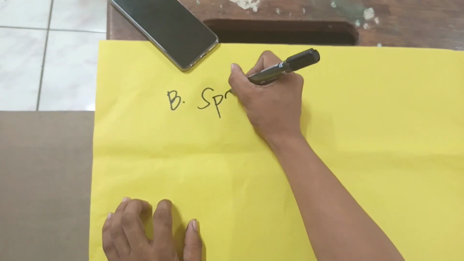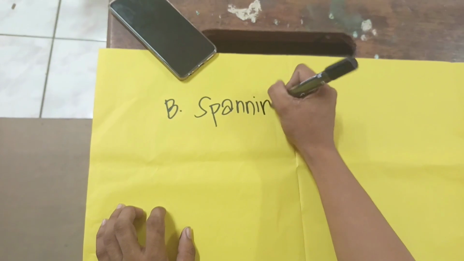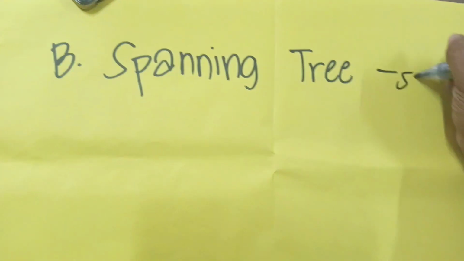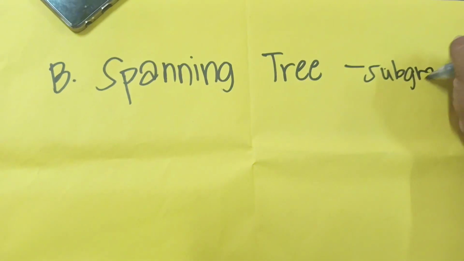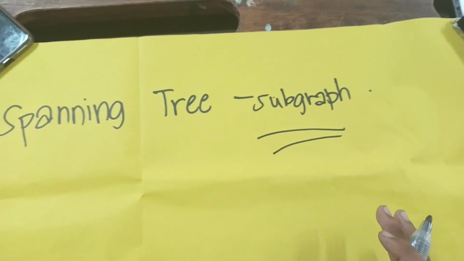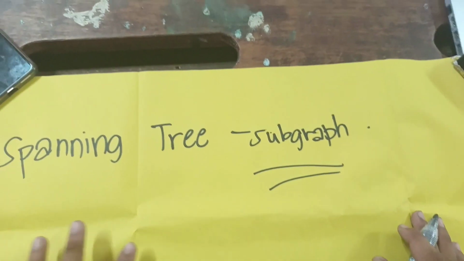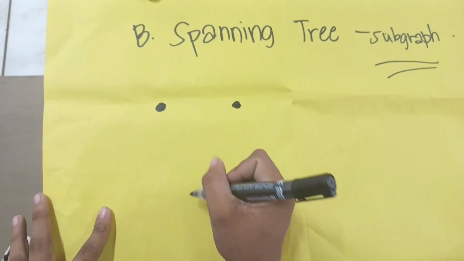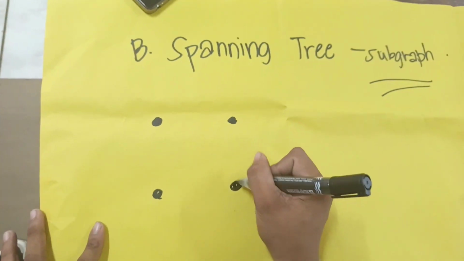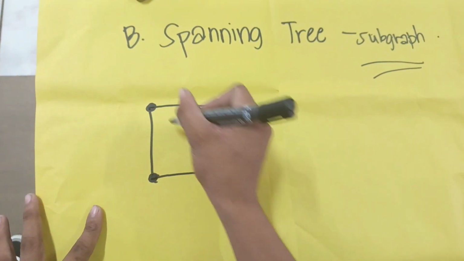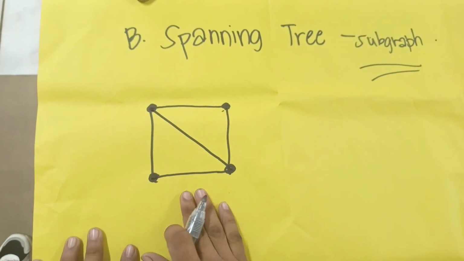Next is the spanning tree. A spanning tree of a graph is a subgraph which is a tree and contains all the vertices of the graph. Now let's have this example. This is an example of a graph.